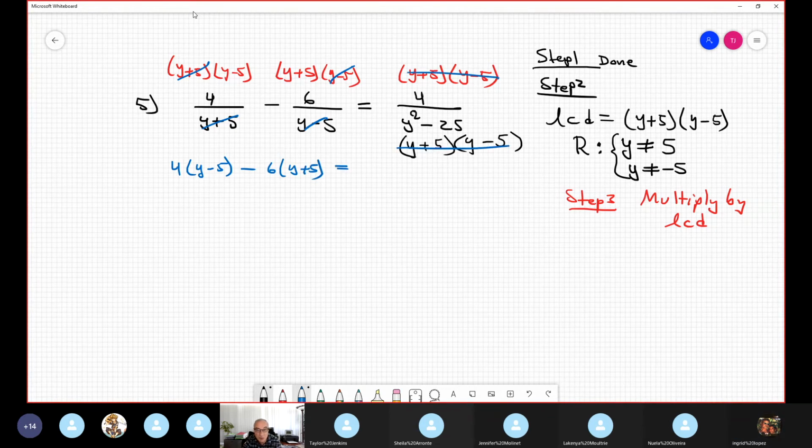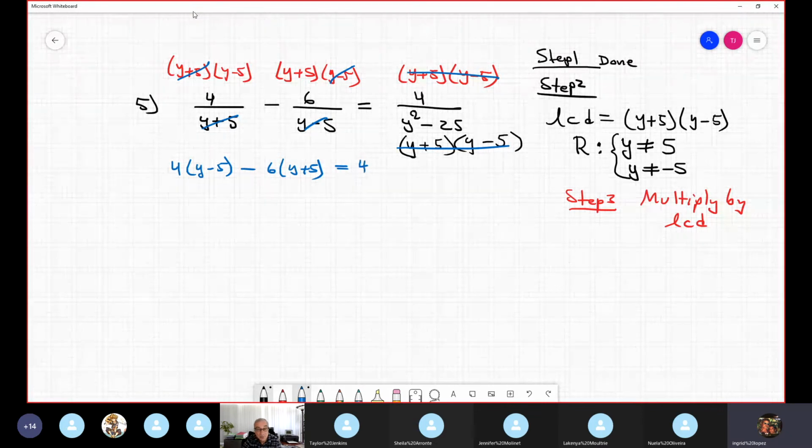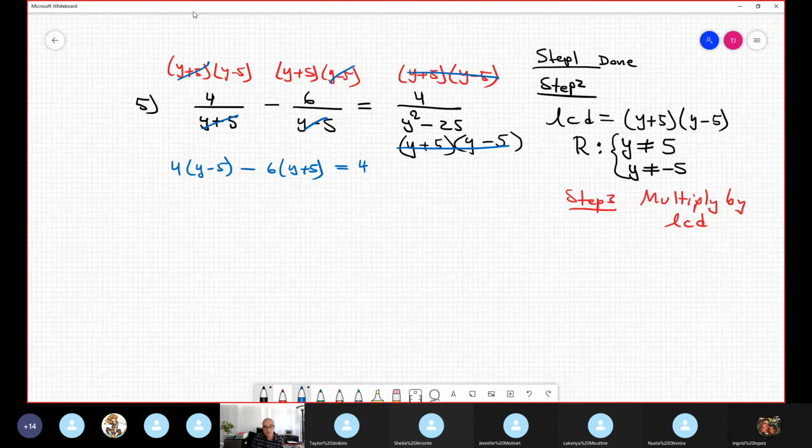Who stays alive? 4. Just 4. End of the story. And you see that now we have in our hand a super easy equation. So magically we convert this crazy, horrible equation into one elementary equation.